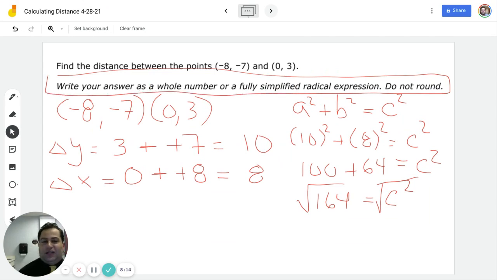We didn't do this in class, but essentially what they want us to do is break 164 down into its multiplicative parts, right? So if I'm thinking about 164, well, I know that I can do 2 times 82.